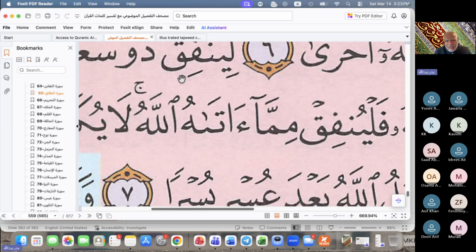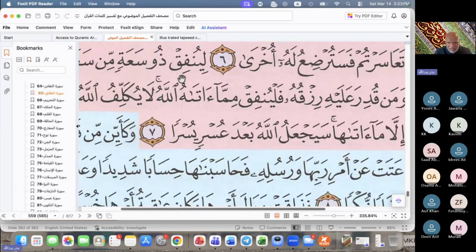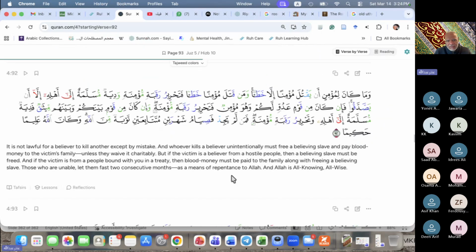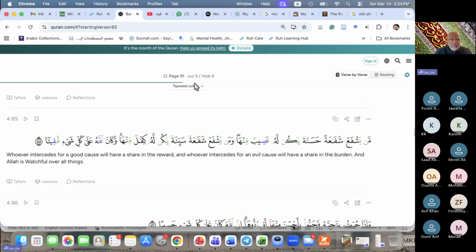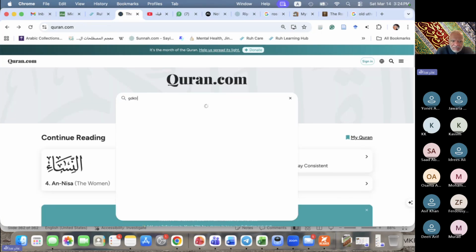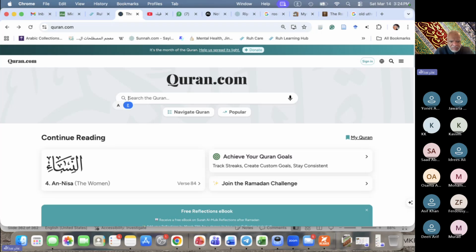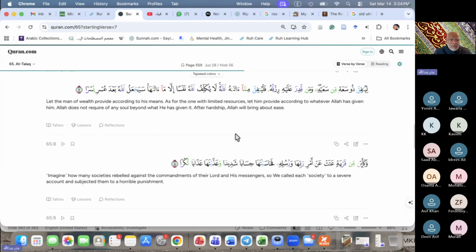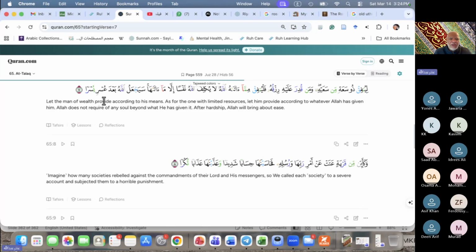This is ayah number 7 in Surah At-Talaq. Let's get it from here to see the translation. So let the man of wealth provide according to his means.